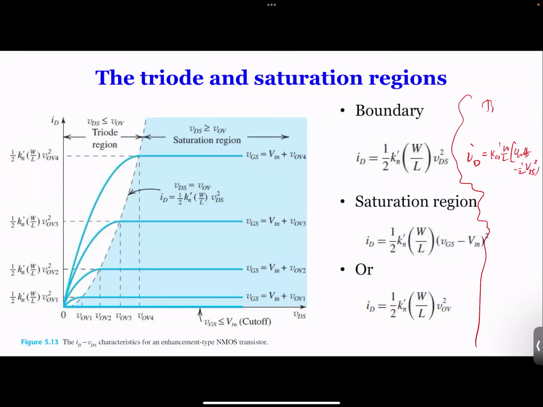In the saturation region, we also have an equation like this. I don't have to write it, but we can always rewrite it.